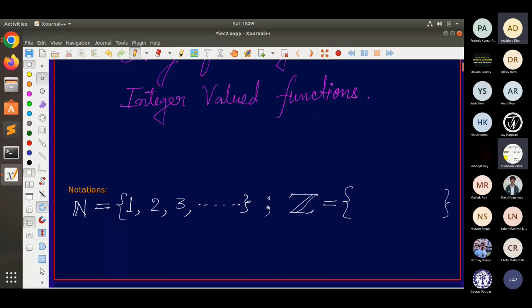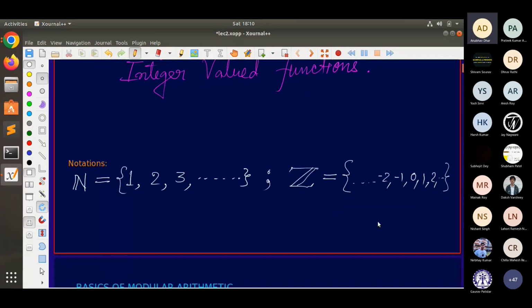Integers. It's all integers, from -2, -1, 0, 1, 2, all of them. So these are the two sets we will be looking at carefully today.